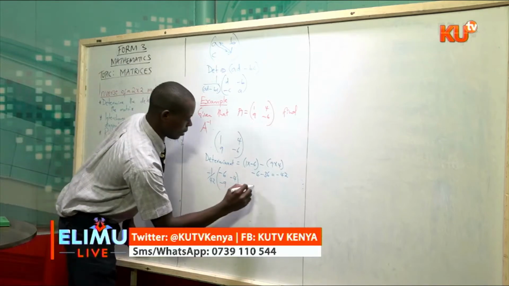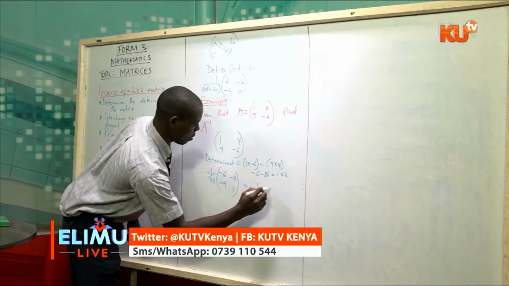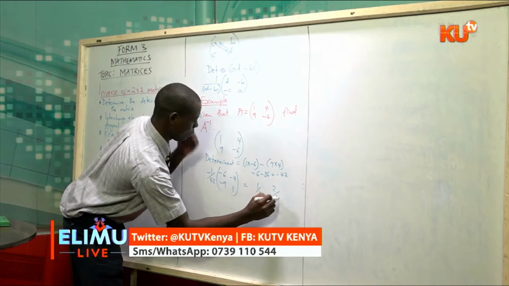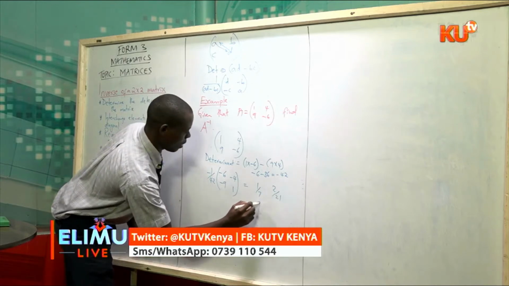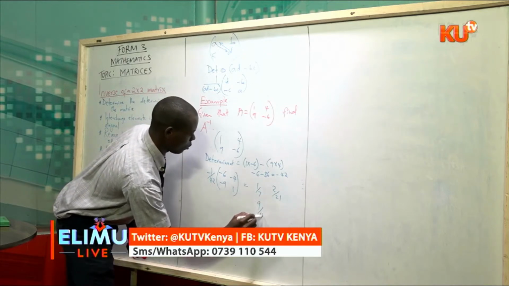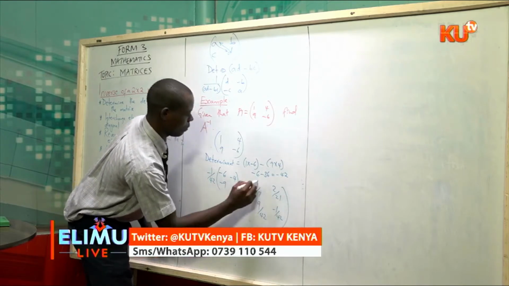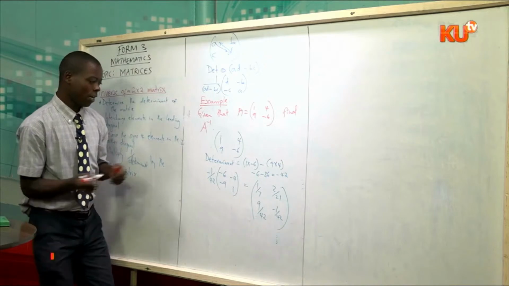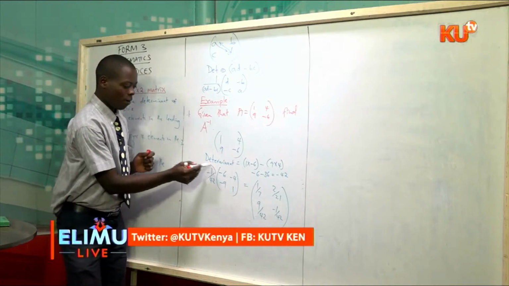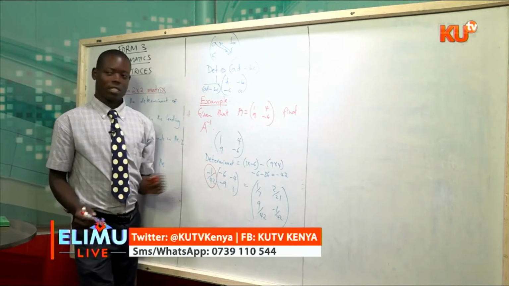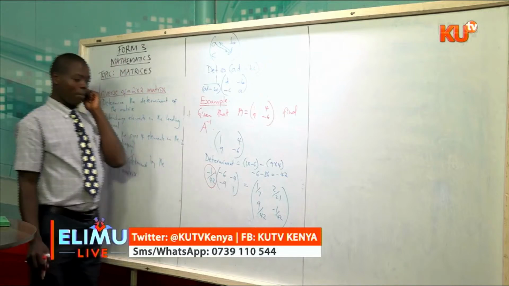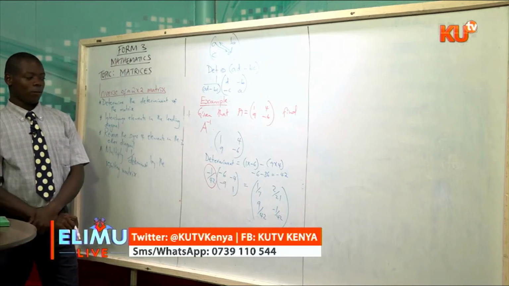So this will give us 1 over 7, 2 over 21, we have 9 over 42, then negative 1 over 42. If someone is lost, students, this is what we've done. Negative 1 over 42 times negative 6 gives us positive 6 over 42.